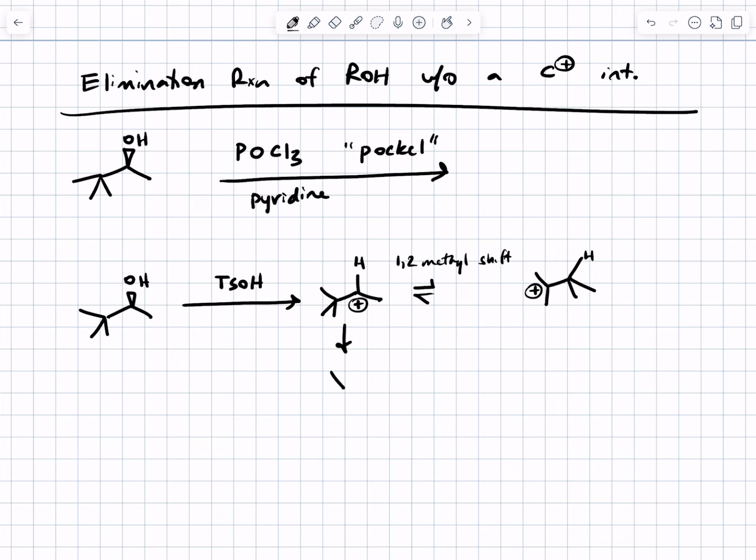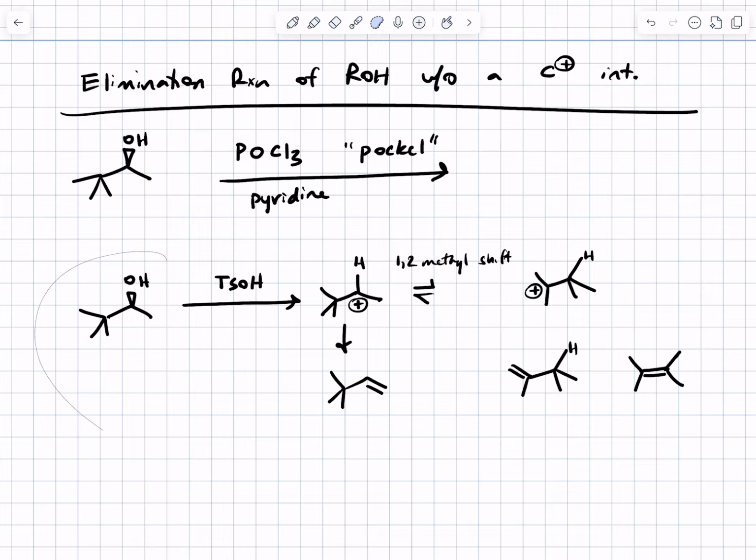And then you would have had to draw elimination products that come from all of those possible intermediates, including this one and this one. You would have seen rearranged products and not rearranged products if you had gone through a carbocationic intermediate.